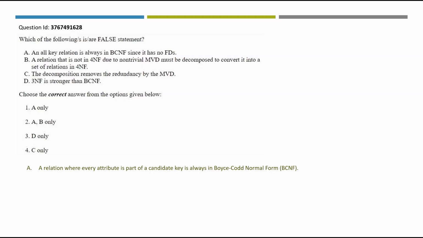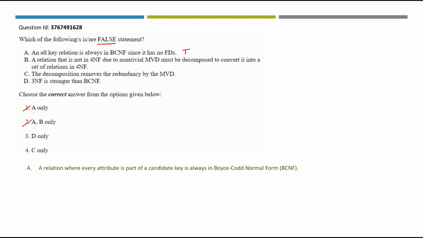When we were solving a functional dependencies question of a relation in a previous year question paper, when the candidate key is completely present in the left hand side of a functional dependency, then we can say that particular relation is in BCNF. So taking that point into consideration from the previous learning, A is definitely true. We are asked to find the false statement. We know A is true. We can rule out option 1 and 2.